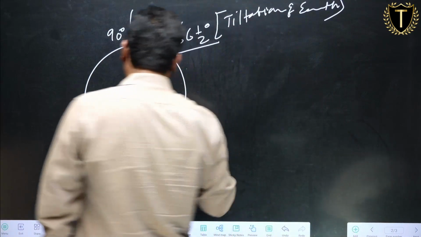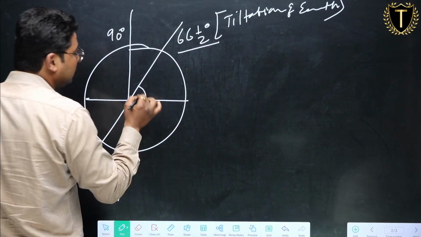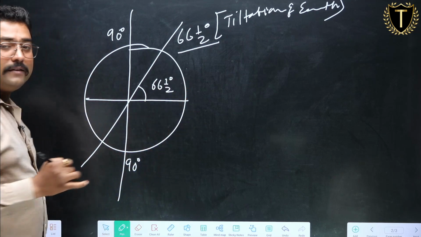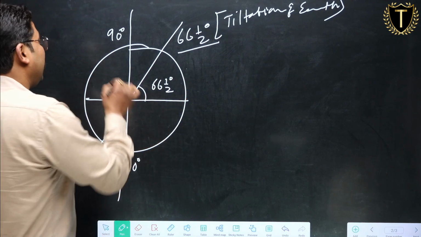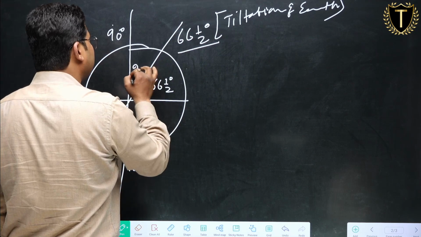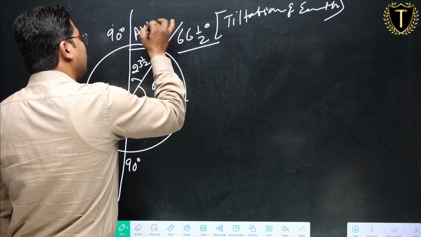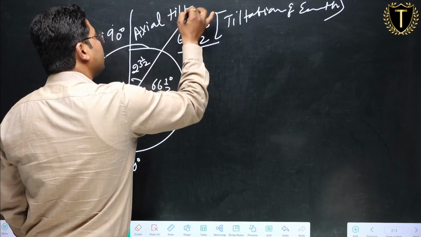Means from the center the Earth is tilted at 66.5 degrees. Now the angle between 90 and 66.5 is 23.5, and this is the axial tiltation of Earth.